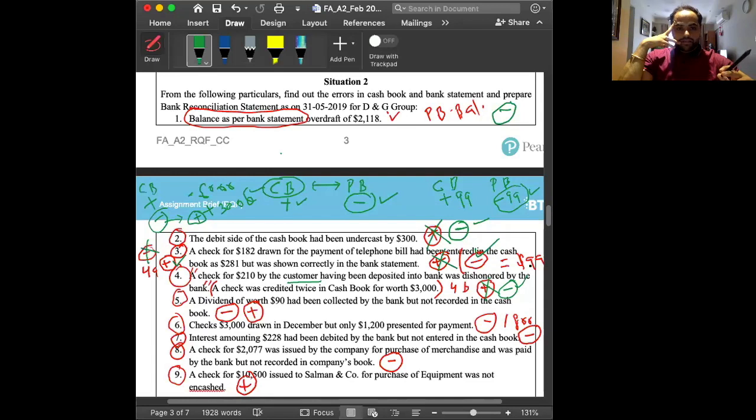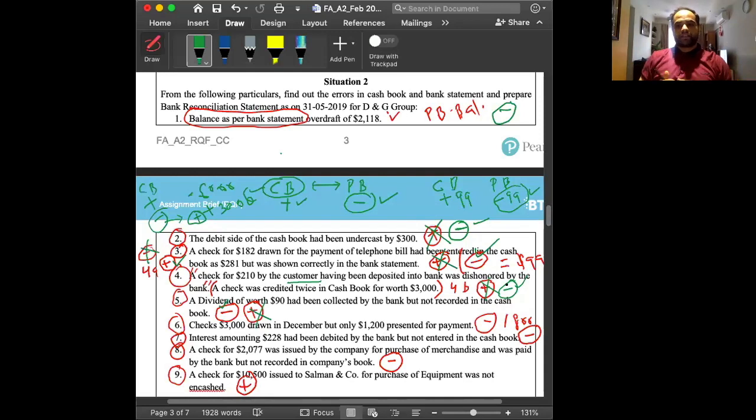Now move on to number 5. A dividend of worth $90 had been collected by the bank, but was not recorded in the cash book. Someone said plus, someone said minus. The right answer is minus, not plus. You received a dividend and cash was not recorded, so we will record it in cash.